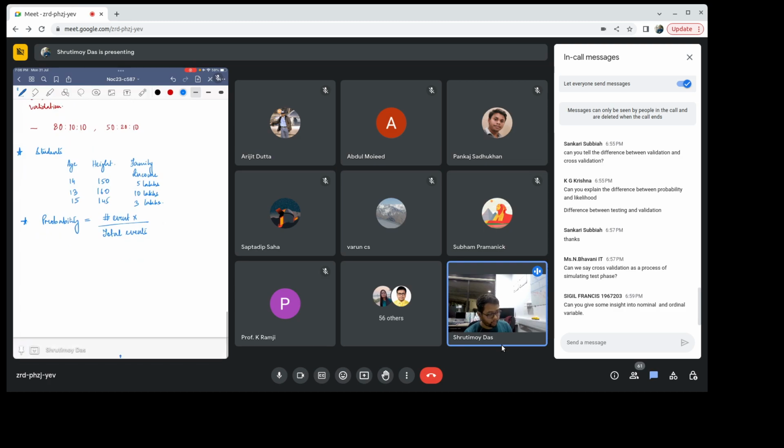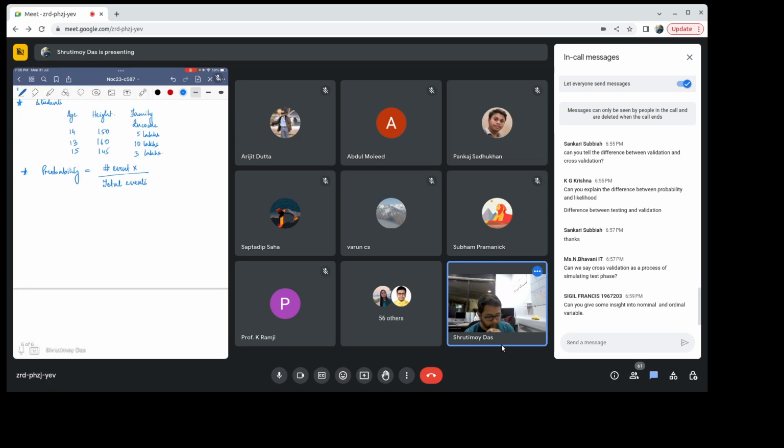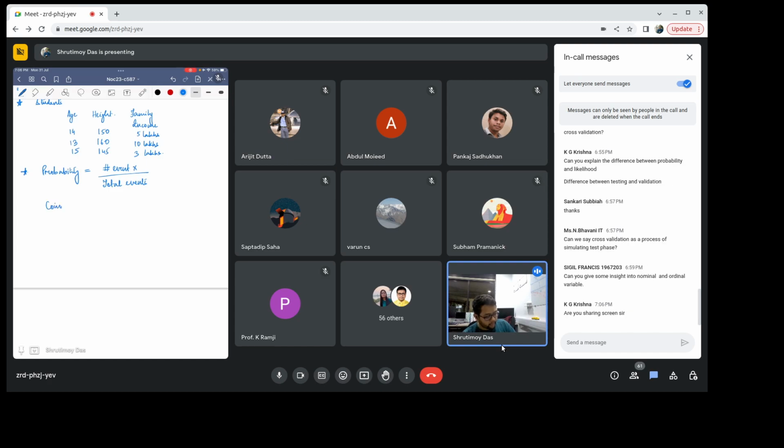When you are talking about likelihood, suppose we have a coin which has a probability of head of, say, 0.7 and probability of tail of 0.3. So suppose we toss this coin, say, 100 times.